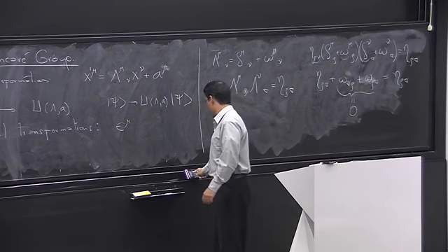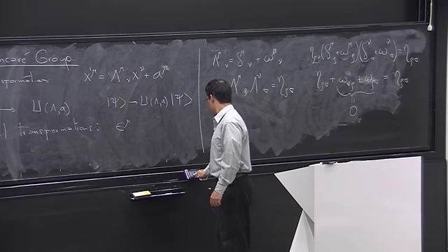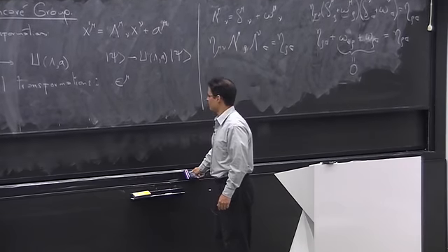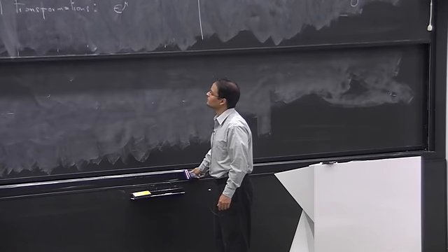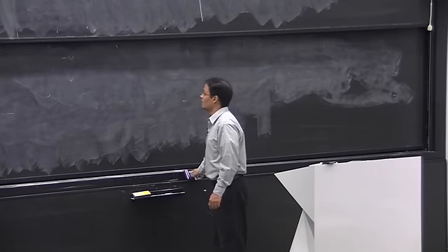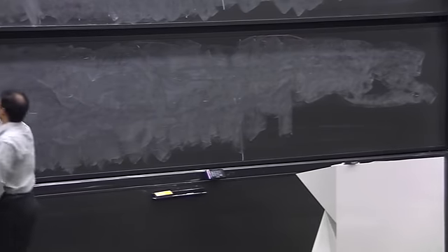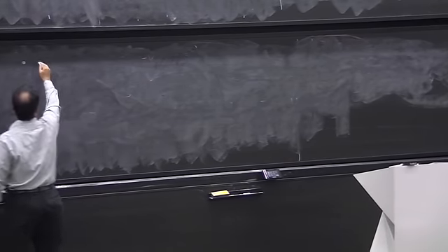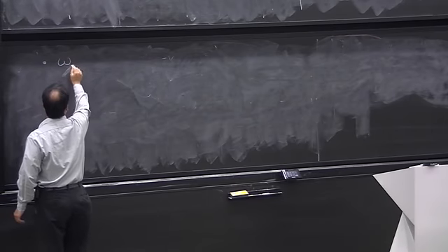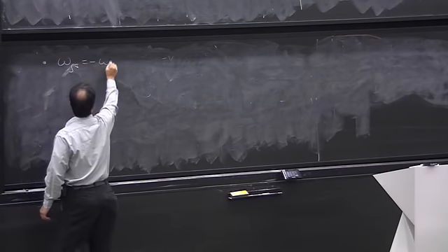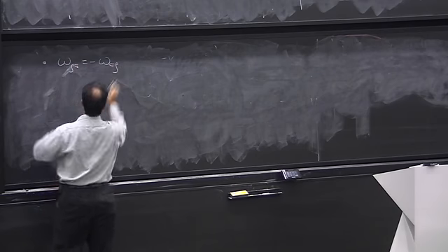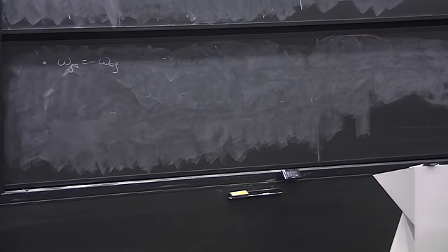So that's the condition we wanted to get. So we find that infinitesimal transformations are controlled by an object with two indices, which is antisymmetric.